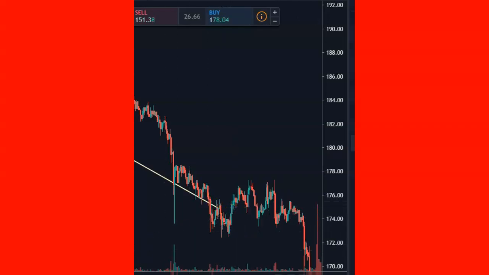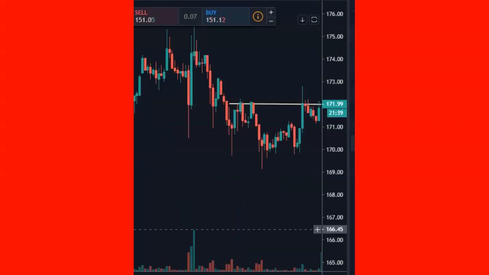So now let's go ahead and take a look at an inverse head and shoulders. All right, here we go with an inverted head and shoulders. It's not a perfect one, but I'll try to point it out to you guys so you can see it. And remember, an inverted head and shoulders is a bullish pattern. It's a pattern that you're looking to go long on. So here we go.